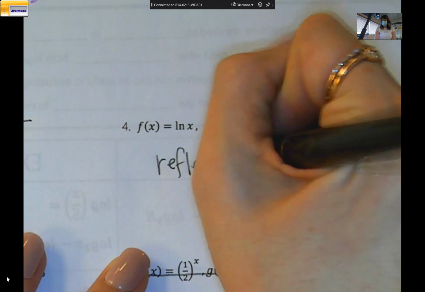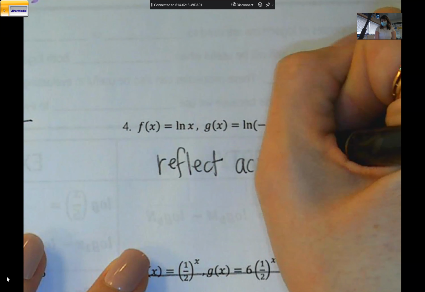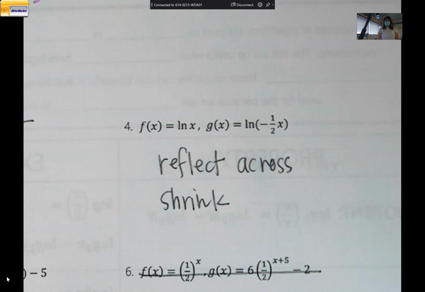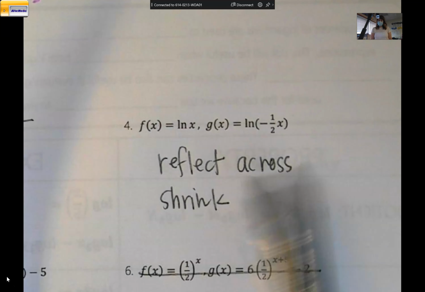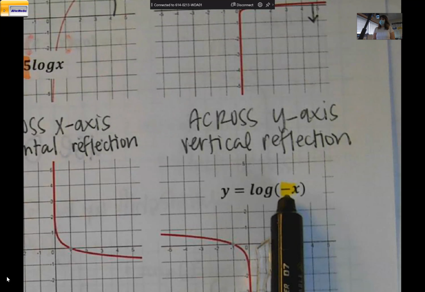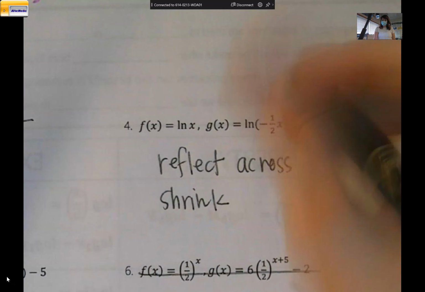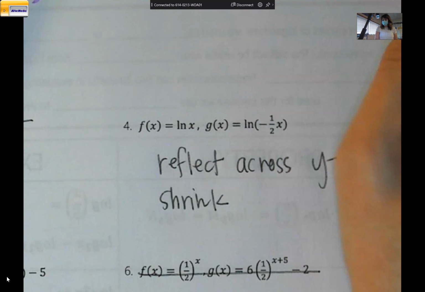So I'm going to write those down. I know that I reflected, and I know that I had a shrink. But what kind were they? So that's where I use this paper. I find, okay, what is it when it's on the inside? Okay, that's vertical, so I reflect it across the y-axis.